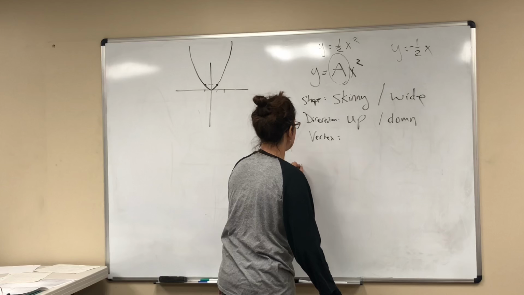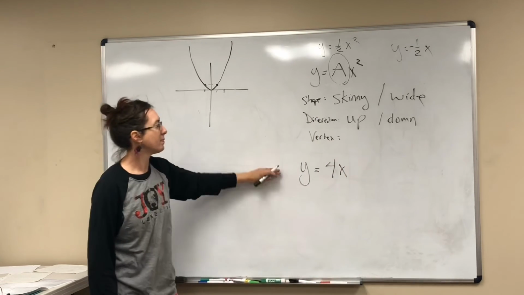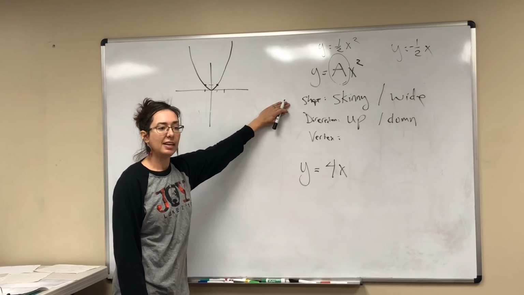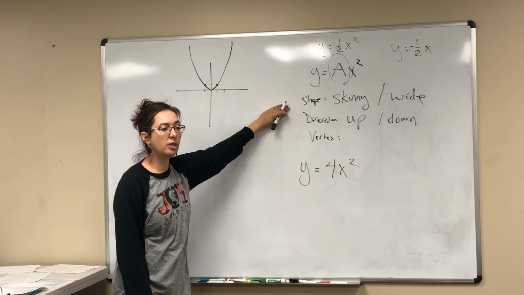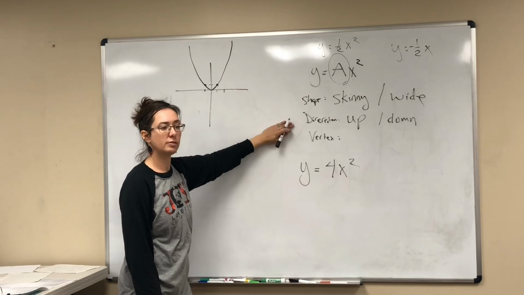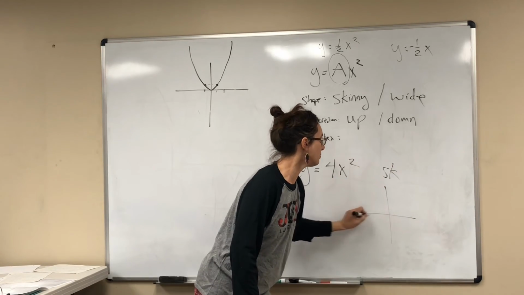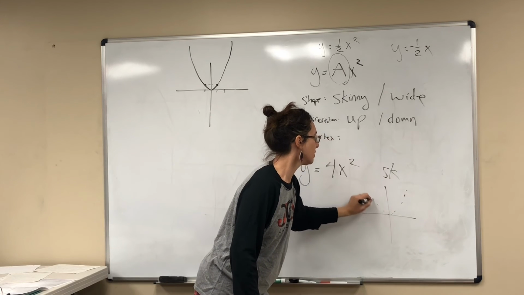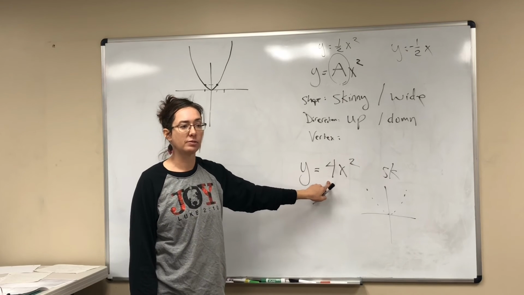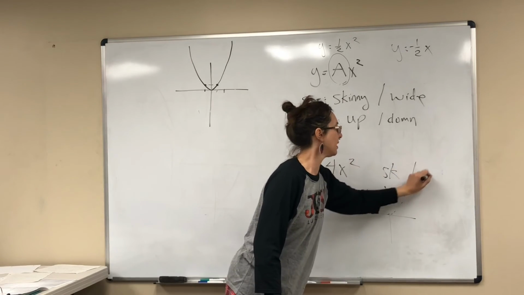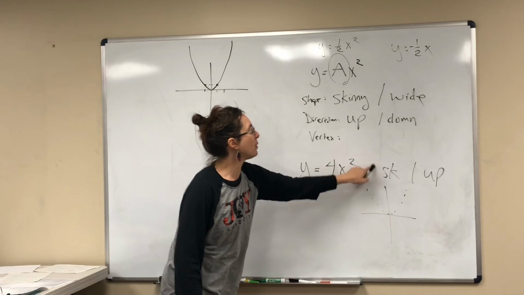So if I have y equals 4x squared, what is the shape of it? Is it going to be skinnier or wider than our standard? Skinnier. Okay. So if I know this is my standard, automatically it's going to be skinnier. Is it going to face up or down? It's going to be skinny, up, and I don't have anything extra.